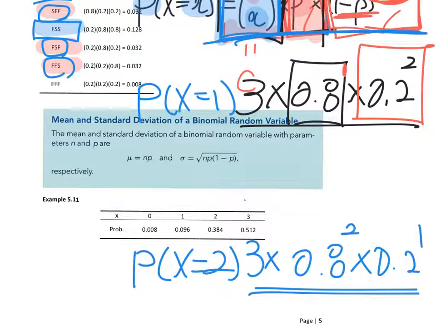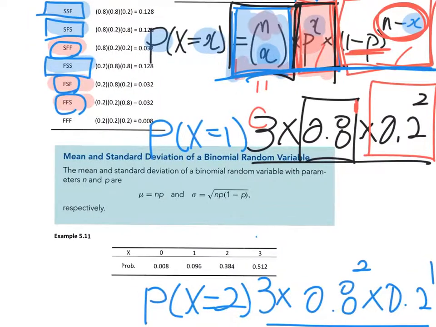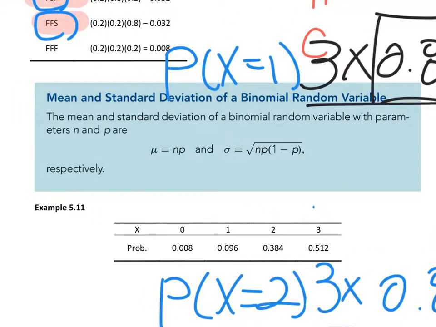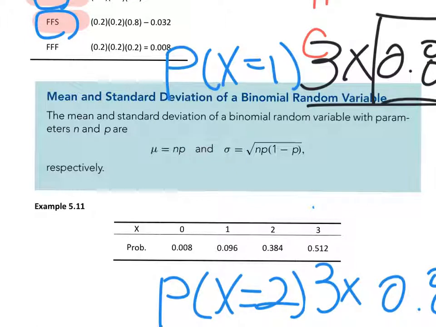So simply, the binomial distribution just takes the multiplication. The first one is how many combinations, times the success part, times the failure part. So that was the probability function for the binomial. For a discrete random variable, it's not only probabilities, but we also need the mean and the standard deviation.